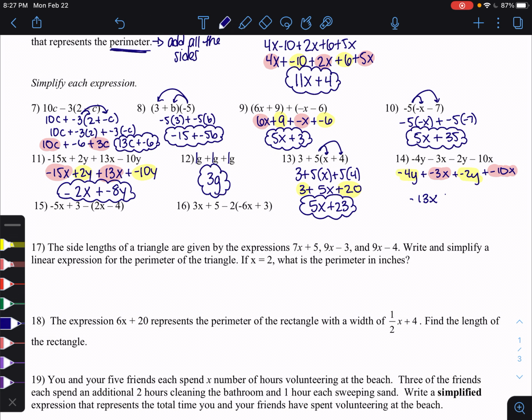So I've got negative 5x plus 3 plus negative 2x plus 4. I have negative 5x and negative 2x that go together. That's going to be negative 7x. And then I've got positive 3 and positive 4. That's going to be positive 7.